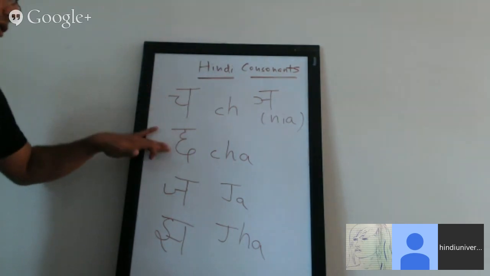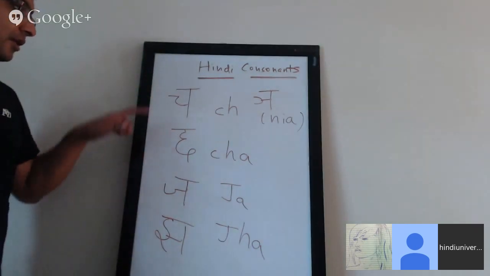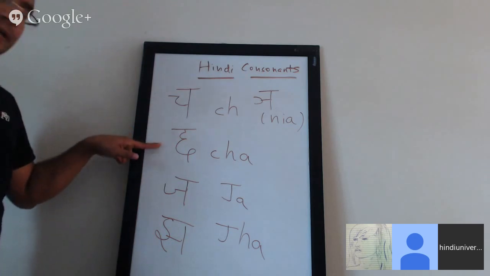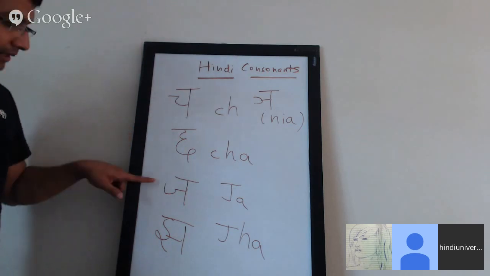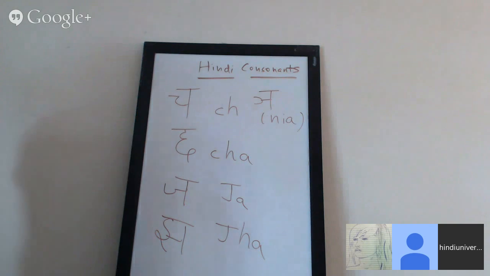Ch, ch, and then this one is j, j. Unaspirated, aspirated, unaspirated, aspirated. I hope you are able to follow it. Feel free to write in the chat box if you have any question. Yeah, exactly, the concept is still the same.